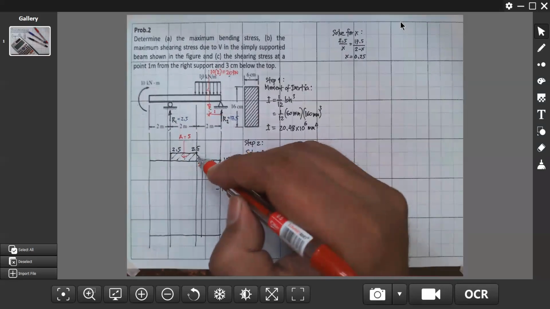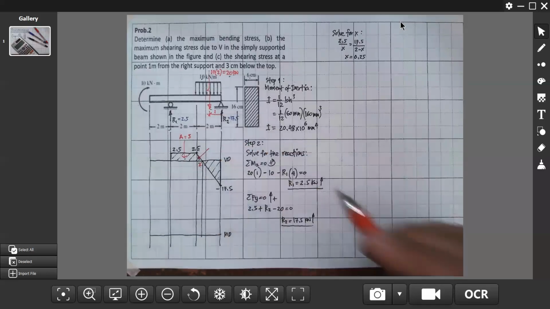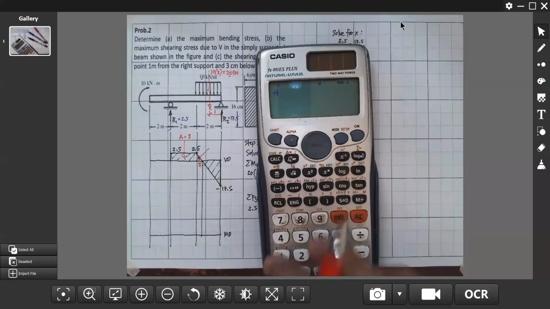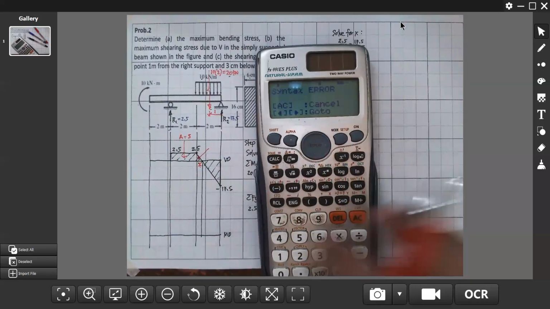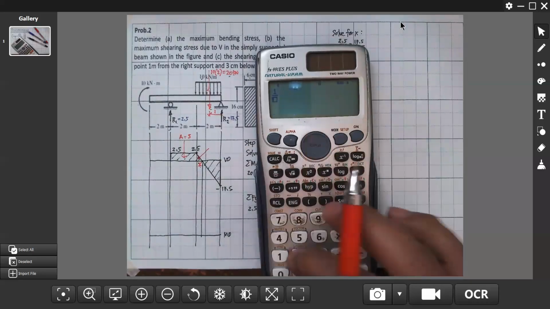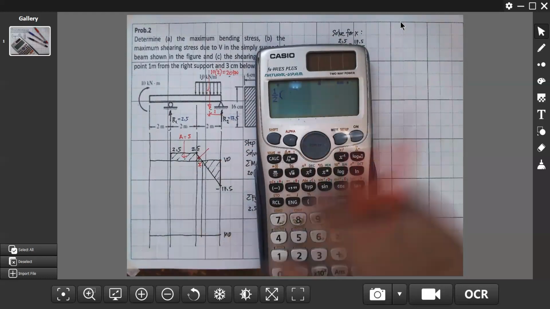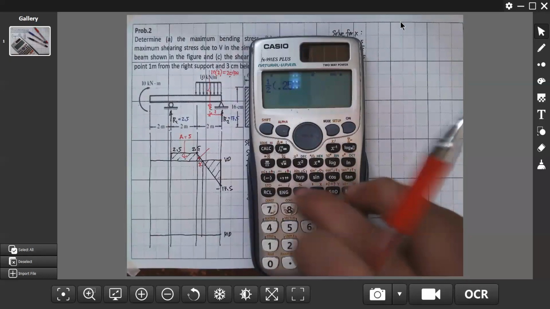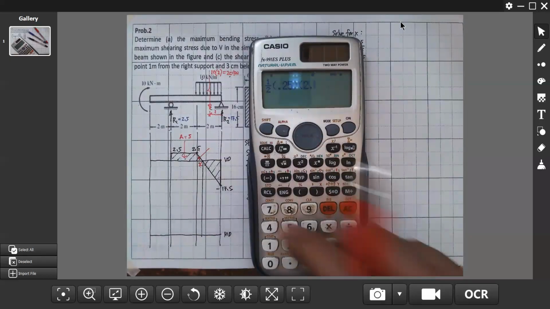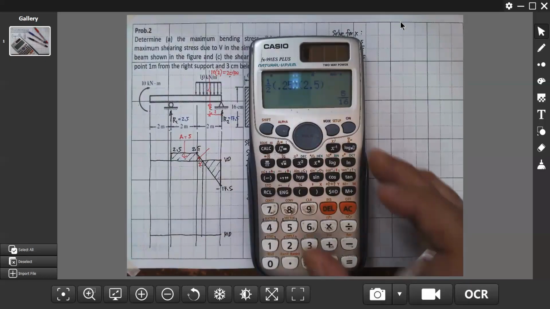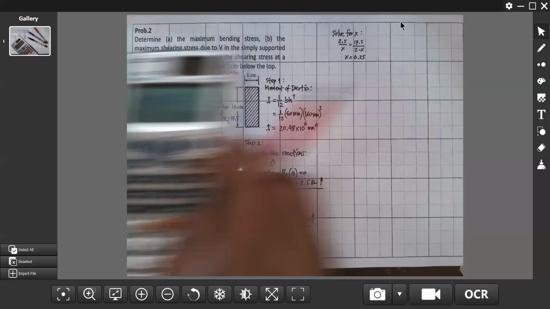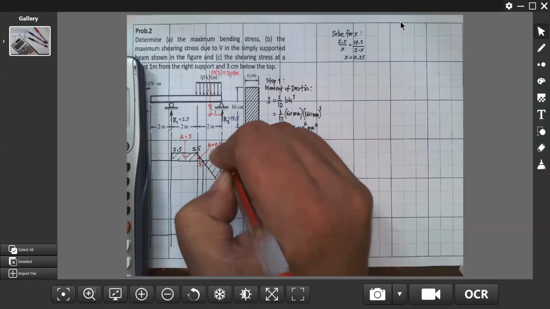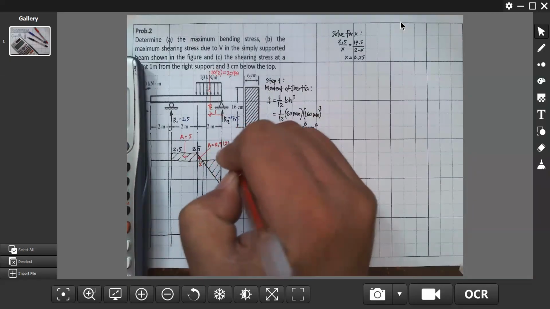This one, the triangle, is 1/2 times x, which is 0.25, times y, 2.5. That's 0.3125. So the area is 0.3125.